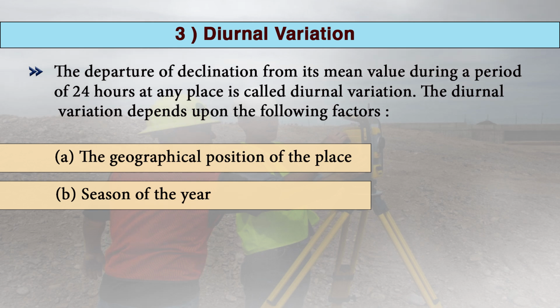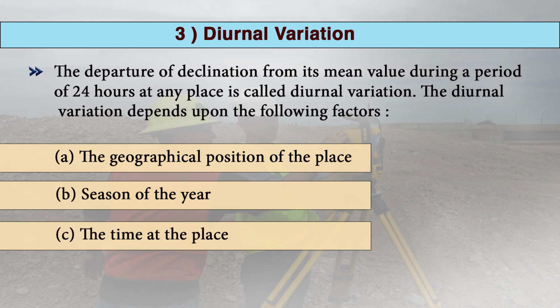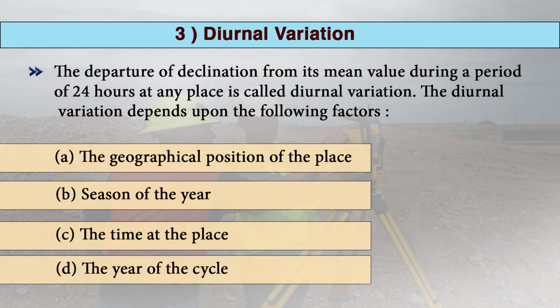Second, season of the year. It is comparatively more in summer than in winter at the same place. Third, the time at the place. It is more in day and less at night. Fourth, the year of the cycle. It is different for different years in the complete cycle of secular variation.